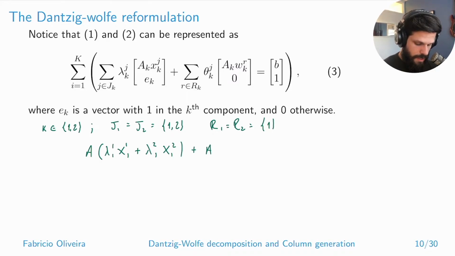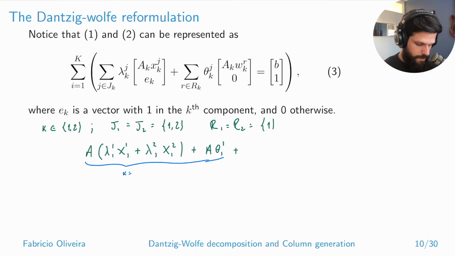Plus a, well, I only have one, so theta subproblem 1 times ray 1, and then this is related to k equals 1. Let me put in a different color.